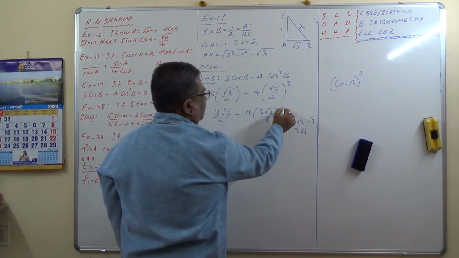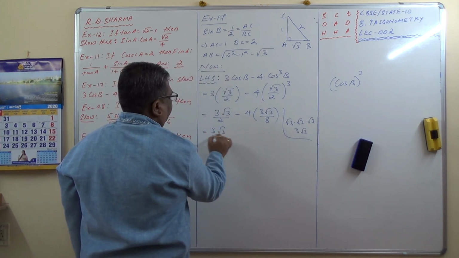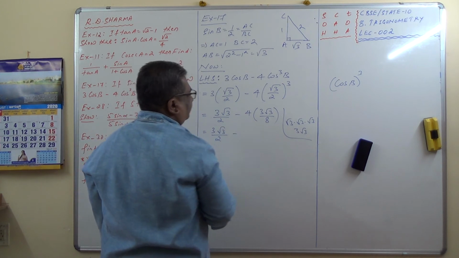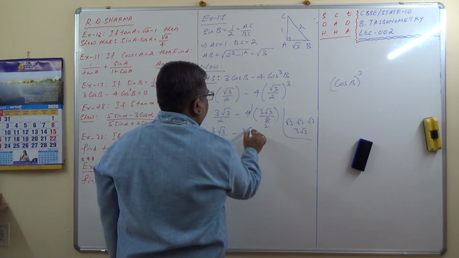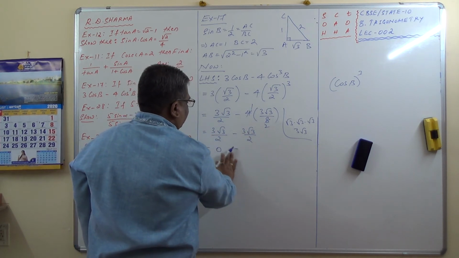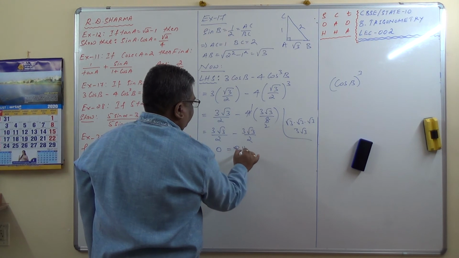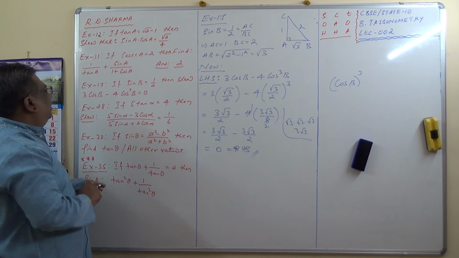This is the rough work. So this equals 3 root 3 by 2 minus, 4 ones are 4, twos are 3 root 3 by 2, which equals 0, which is RHS. So that's all in this example number 17.